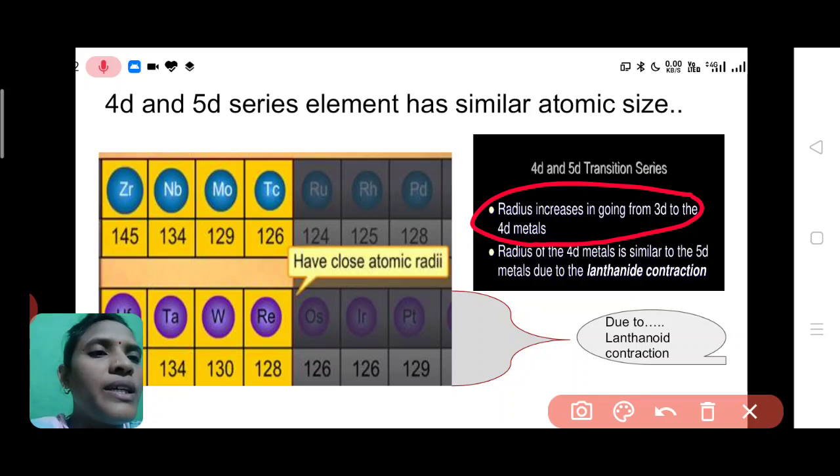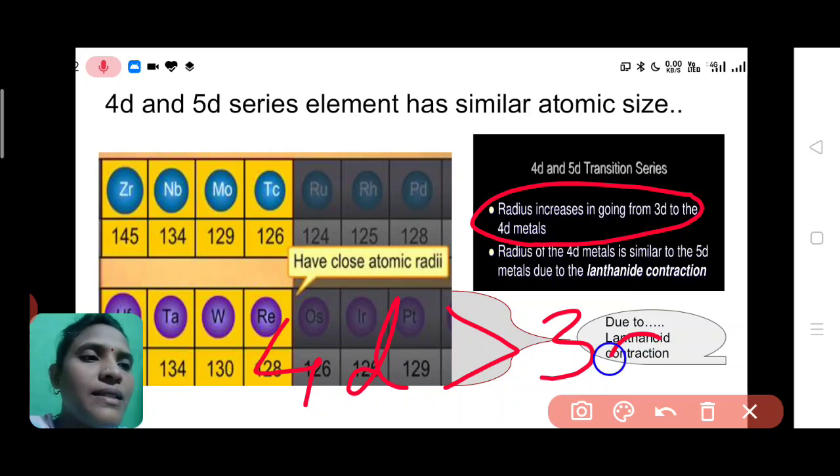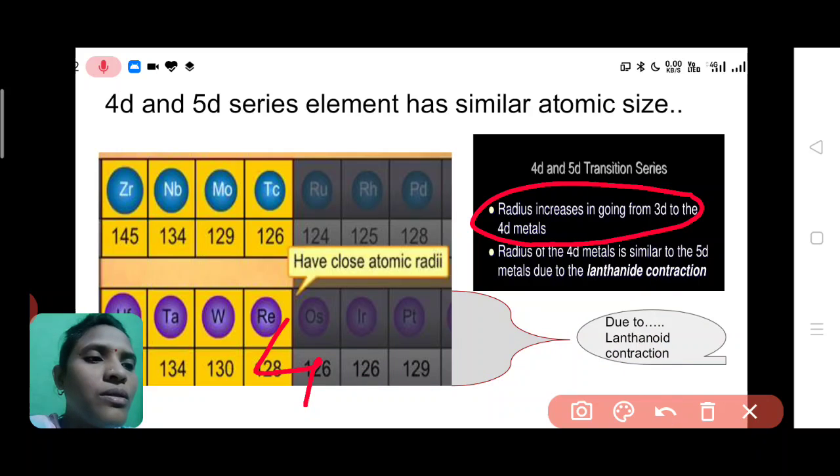That is, 4D metals have larger atomic radius than 3D. What we have to learn here? 4D has greater atomic size than 3D metals.